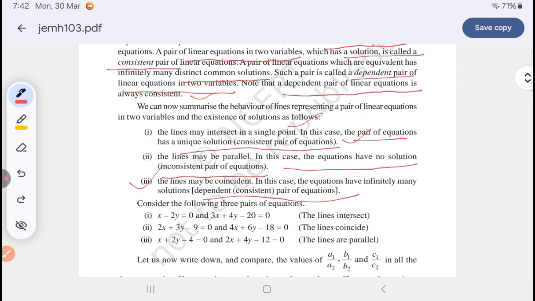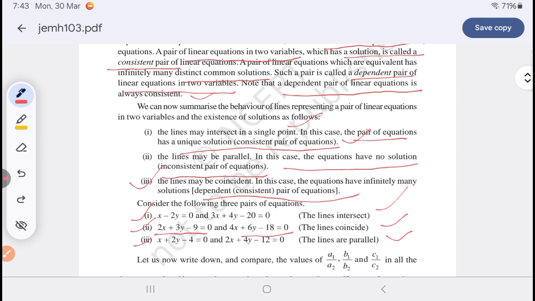Consider the following three linear equations. Here lines intersect, here lines are coincident, and here lines are parallel. These two lines are the same: if you remove the 2 from here, divide by 2 to get 3y, then divide by 2 to get 9.